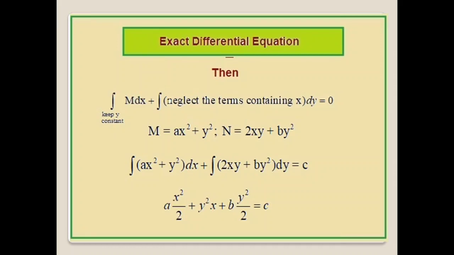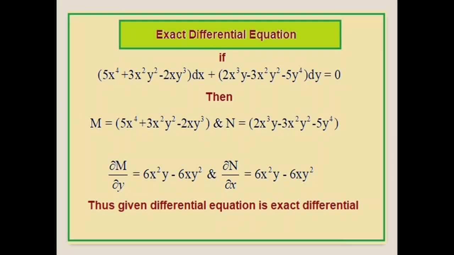After solving this, we will get ax square divided by 2 plus y square into x plus b into y square divided by 2 is equal to c. This is the solution.